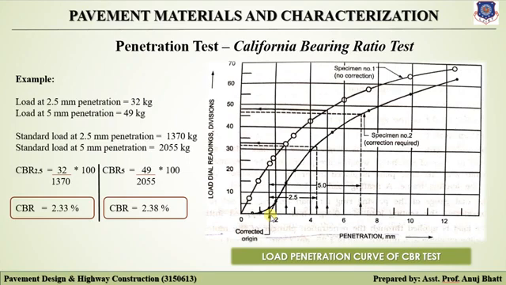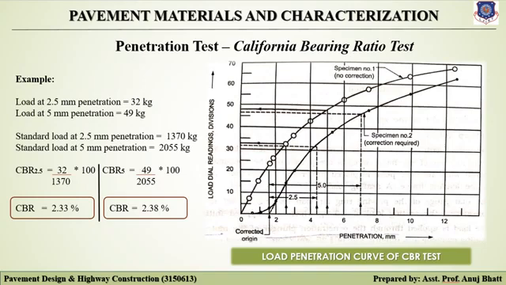Now we are taking the reading of 2.5 mm. From this origin we have to move 2.5 mm towards the positive x direction, and that will be somewhere at 4.4 or we can say 4.5. So for specimen number 2, the 2.5 mm penetration value we will get at this point, and in the same way the 5 mm penetration value we will get over here.